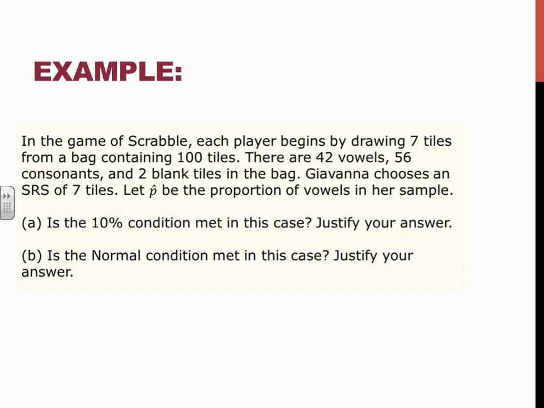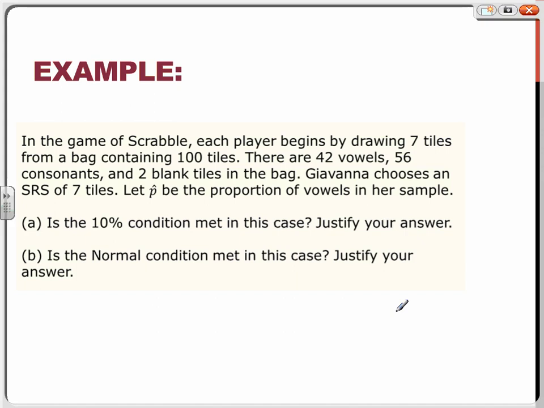Is the 10% condition met in this case? So let's see, 7 times 10 is going to be 70, which is less than the population of 100. So yes, we are good.